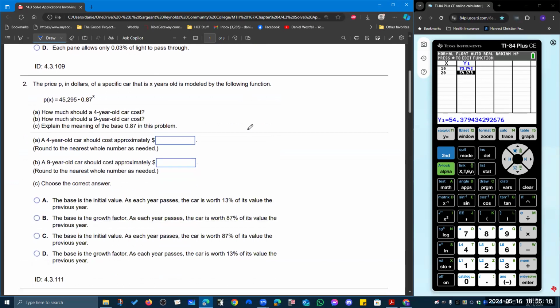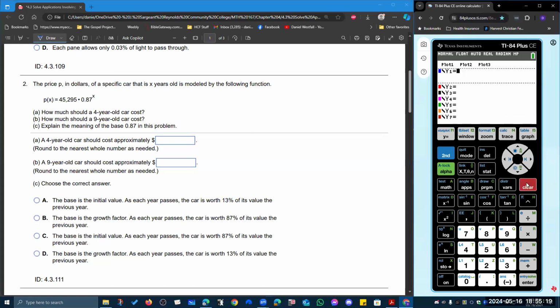The price P in dollars of a specific car that is X years old is modeled by the following function. P of X equals 45,295 times 0.87 raised to the X. How much should a 4-year-old car cost?